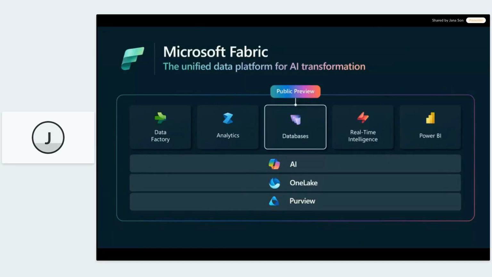Actually, Fabric databases do use the same engine as the Azure SQL database. But in Fabric, of course, it's a Fabric artifact, so it's easy to configure and manage because, again, Fabric is a SaaS product rather than platform as a service or infrastructure as a service.